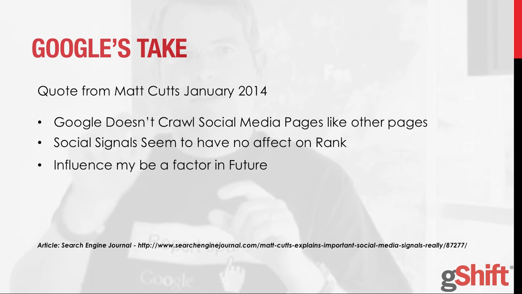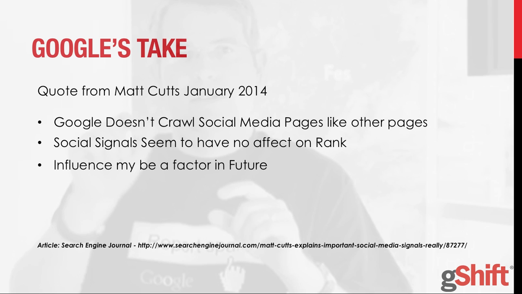Just to elaborate a bit further on that, there's no proven relationship between social signals and rank. However, there are many studies that show a correlation between social signals and how a particular piece of content sometimes can rank higher if it has more page social signals on it.